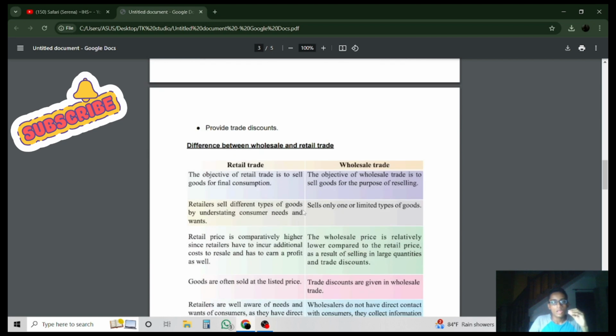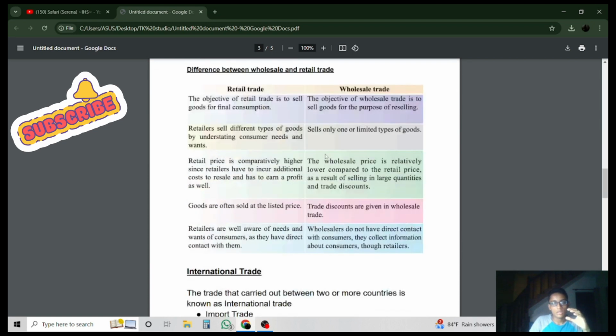The next one is the difference between wholesale and retail trade. This chart is clearly mentioned in the textbook, so I have extracted that part. The objective of retail trade is to sell goods for final consumption, as I told you before. The objective of wholesale trade is to sell goods for the purpose of reselling. That means I buy something from someone and sell it to another one, right?